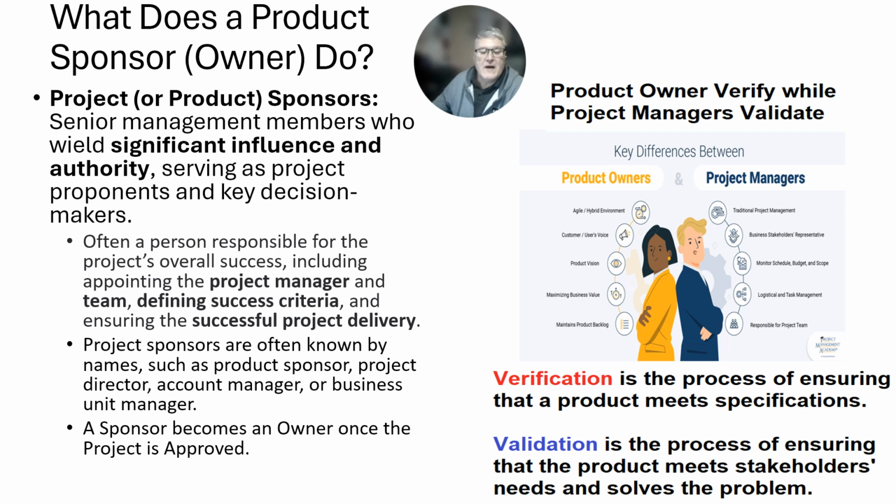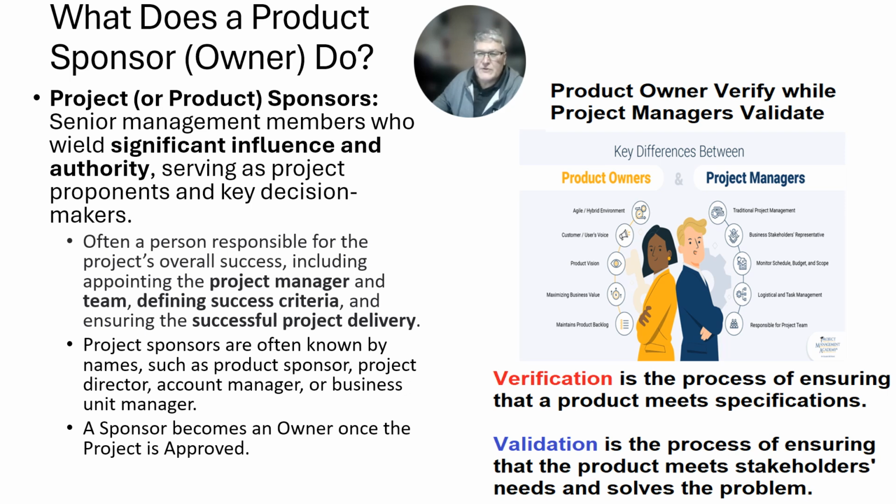They help define criteria for success for the project, and they help the project be delivered. Project sponsors are often known by names such as product sponsor, project director, account manager, or business unit. A sponsor becomes an owner once the project is approved.